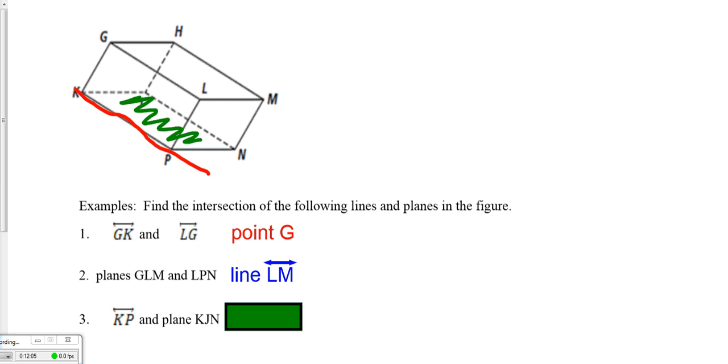It's supposed to be underneath everything. So where do the bottom side and this edge touch? Well, it might be kind of goofy to think about, but technically they touch right on that edge. They touch at the line KP. The only place where this plane and this line touch is this line.